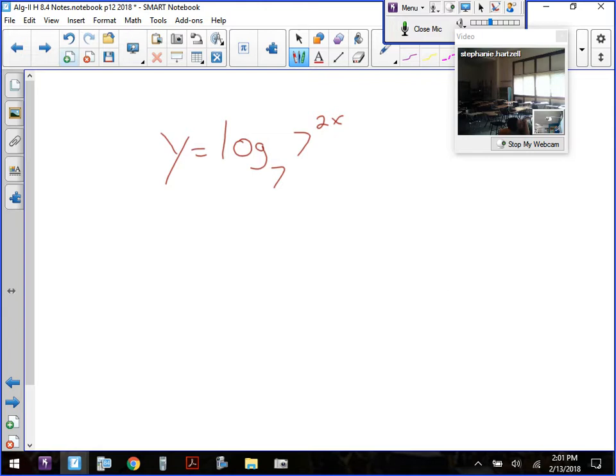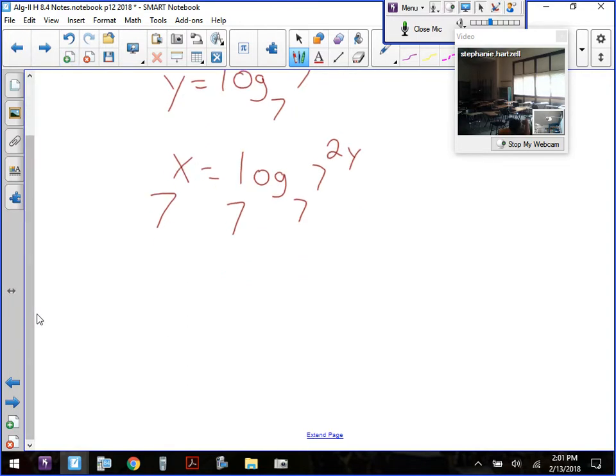Then you flip-flop, and then you 7 it. You're exponentiating both sides. So you get 7 to the x is 2y, so you get 1/2 7 to the x is y.